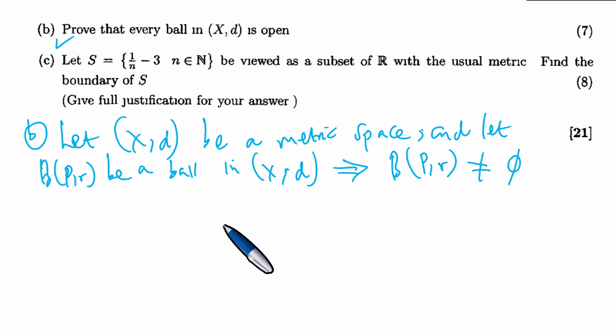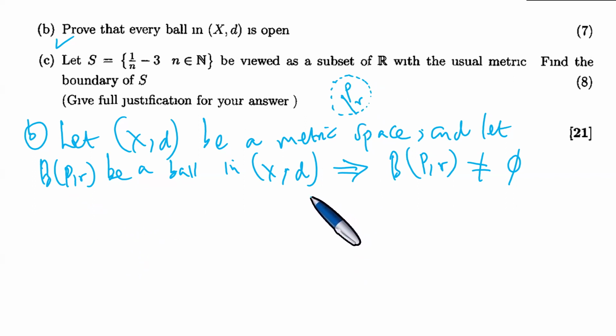Well, because we let (X, d) be a metric space and let this be a ball in (X, d), at least this ball has a center p and some radius. Now if you assume the radius is variable, it can at least be only the point, if the radius is very small.